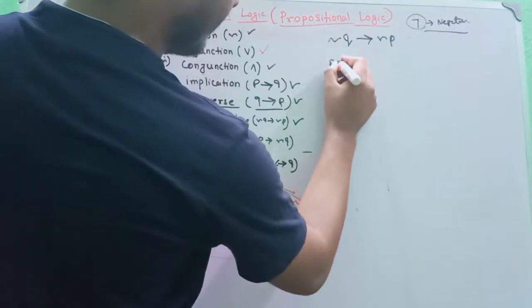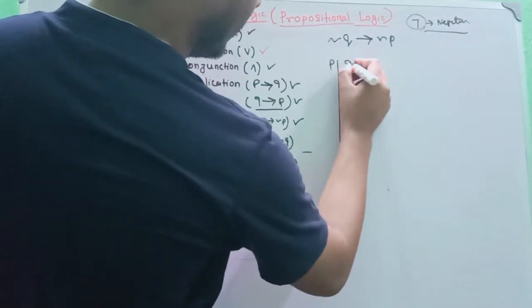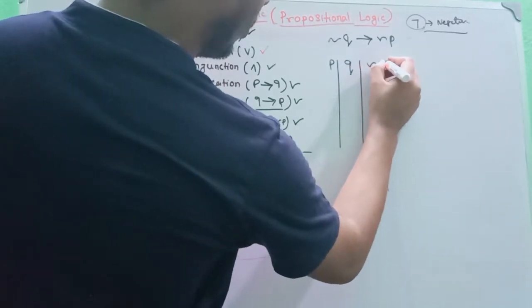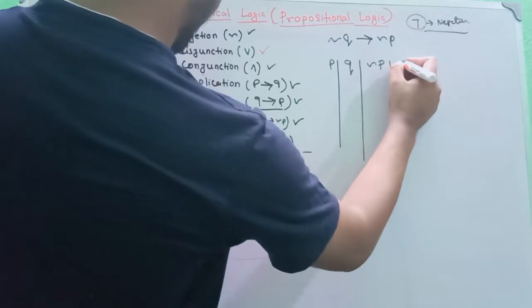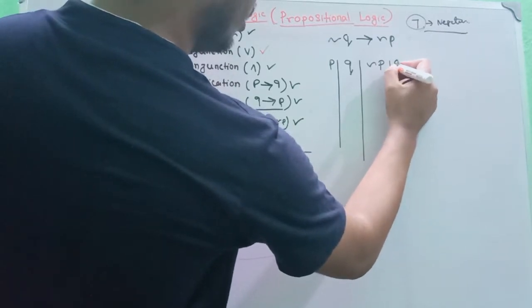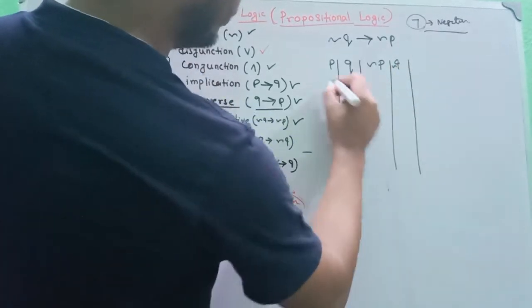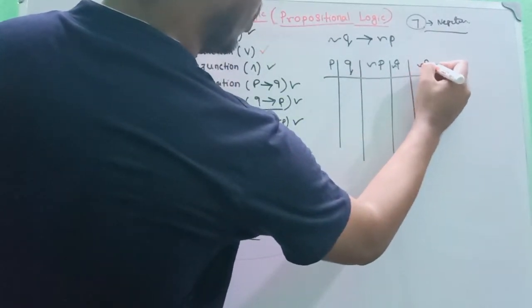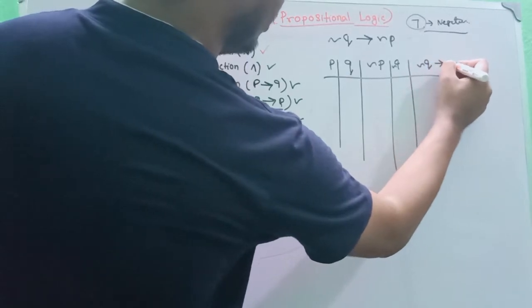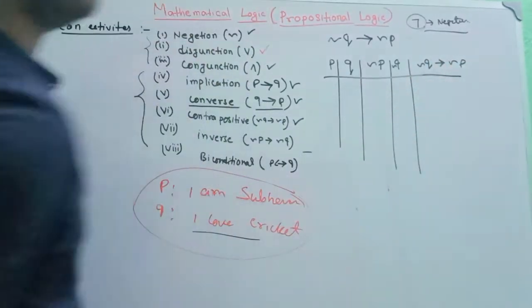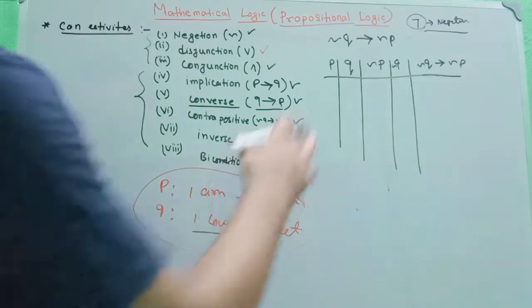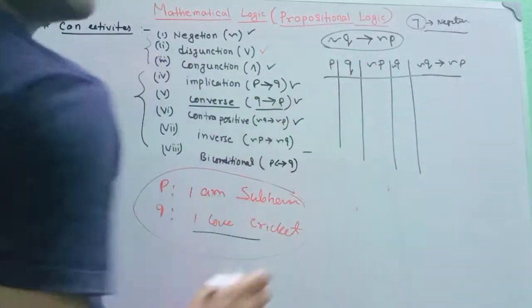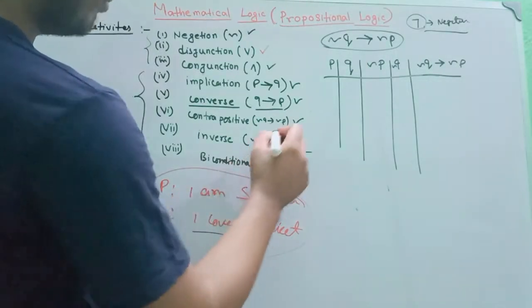So this is P, this is Q, this is not P, this is not Q, and this is not Q implies not P. We have to find all of these.